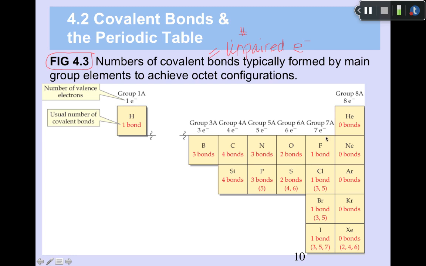So that corresponds to 1 bond for group 7A elements normally, and group 6A elements will make 2 bonds, 3 bonds for group 5A, 4 bonds for group 4.